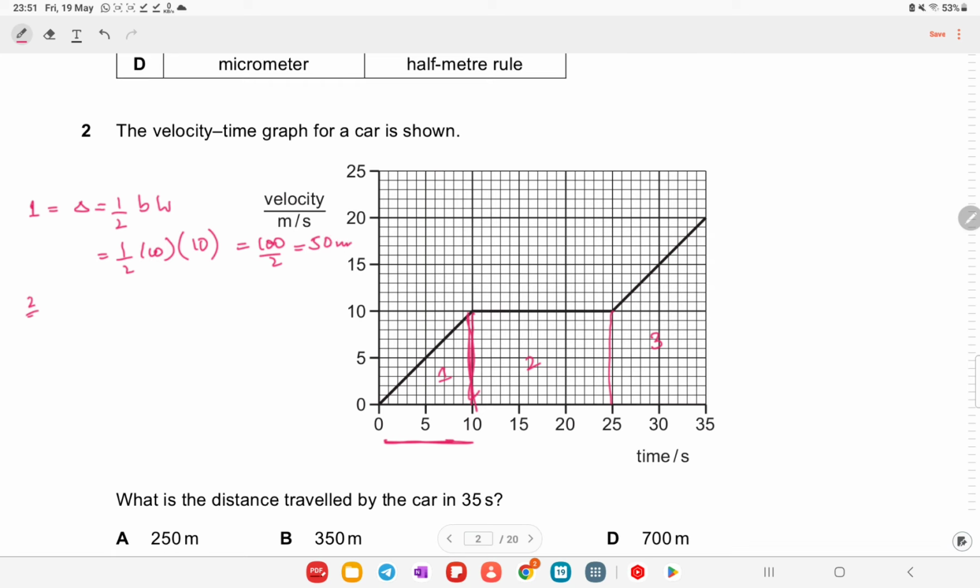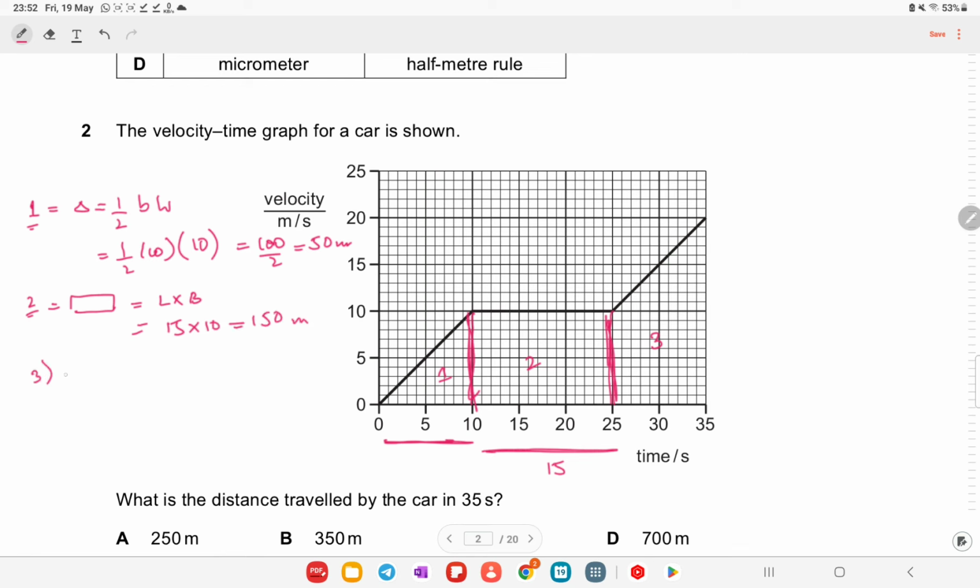Now for the second shape, it's a rectangle. So the area of a rectangle is length times breadth, or you can say width. So you can see 25 minus 10 is 15, and the height of this is again 10. So 15 times 10 is 150.